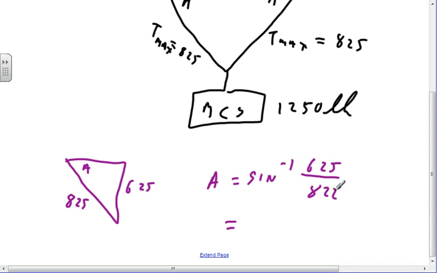That's a 5, this is a 5, this is a 5. Oh, gotcha. Okay. Arc sine, oh, my calculator's off. Who turned it off? The arc sine, 625 divided by 825. 49.25 degrees.